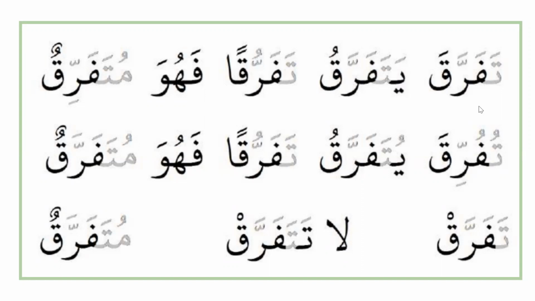So tafarraqa yatafarraqu tafarruqan fahuwa mutafarriqun, tufurriqa yutafarraqu tafarruqan fahuwa mutafarraqun. Al-amru minhu tafarraq, wa nahi anhu la tatafarraq, wa zarfu minhu mutafarraqun. Okay, so that's how we do sarf saghir.